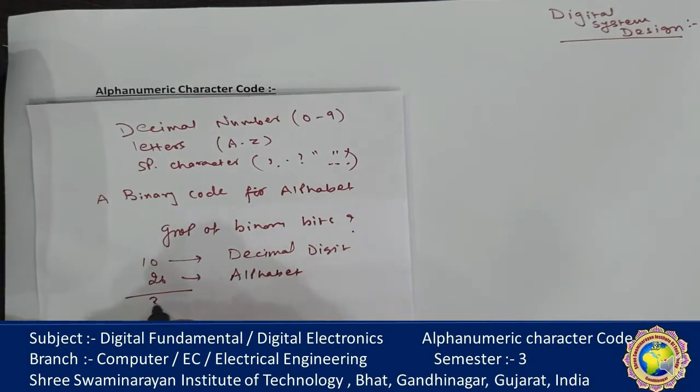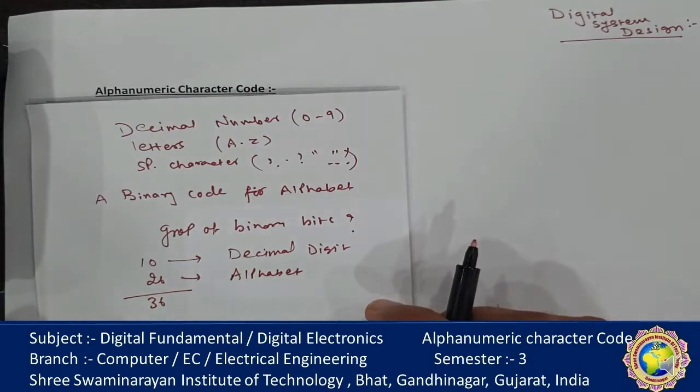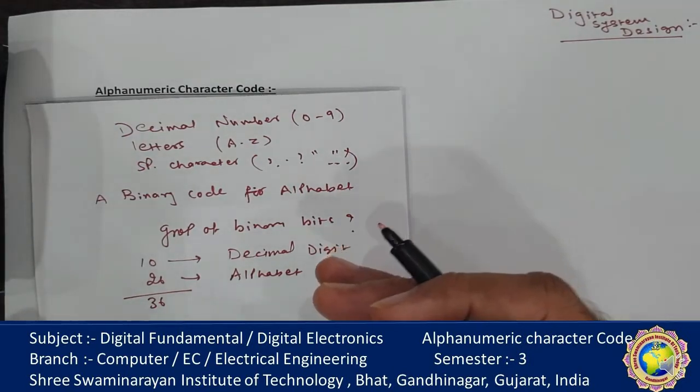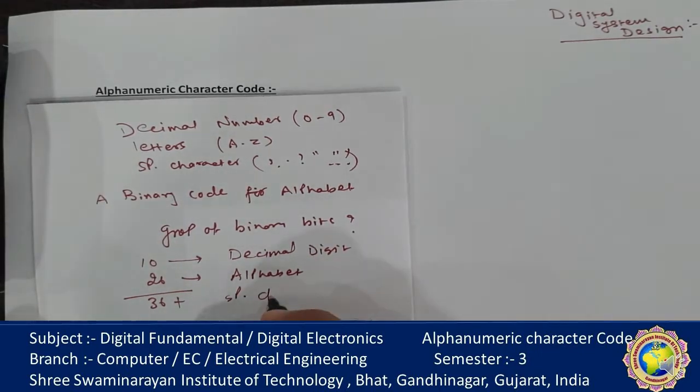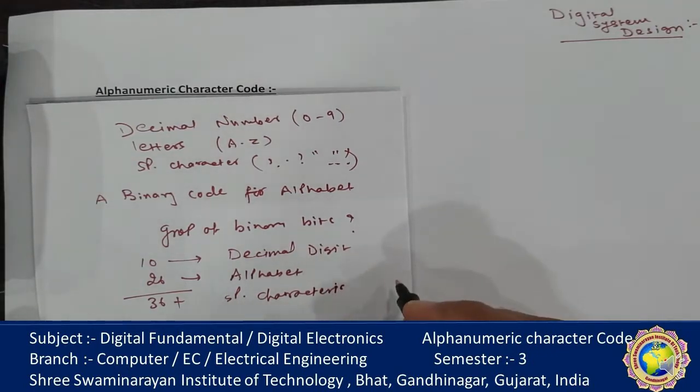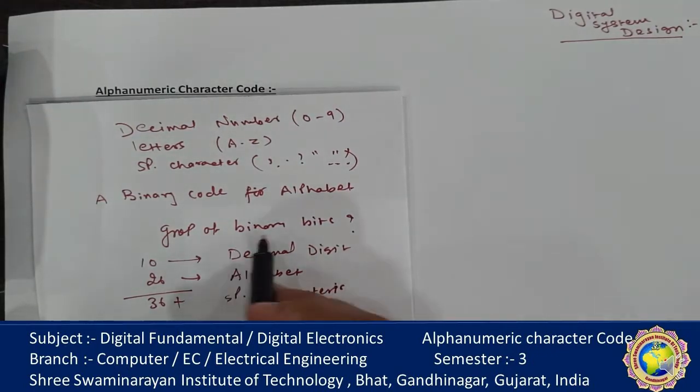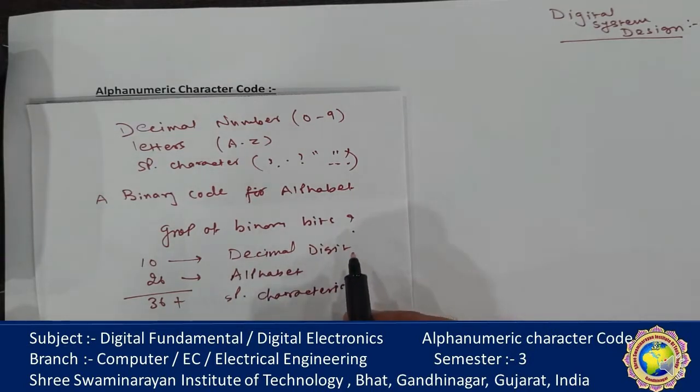This is 36, and it is obviously greater than 36 if we use special characters. So 36 plus combinations are required to represent the alphanumeric code.